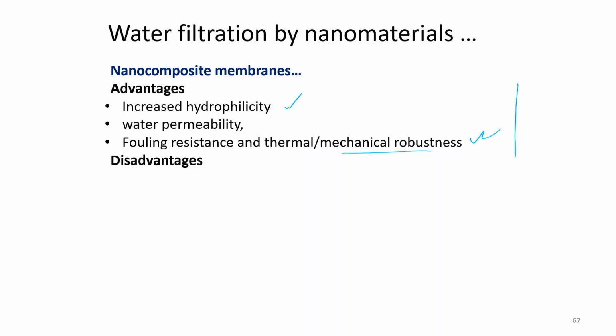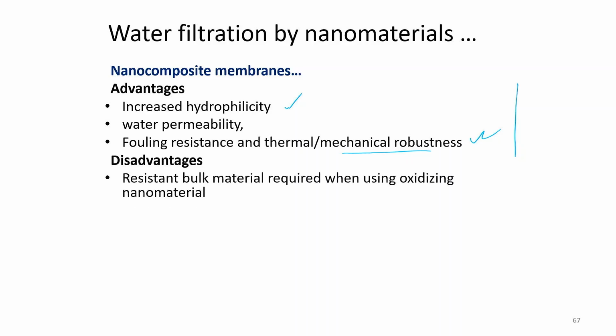We can enhance different characteristics, but the main disadvantage is that resistant bulk material is required when using oxidizing nanomaterial. There is also a possibility of release of nanoparticles, which may sometimes be harmful.